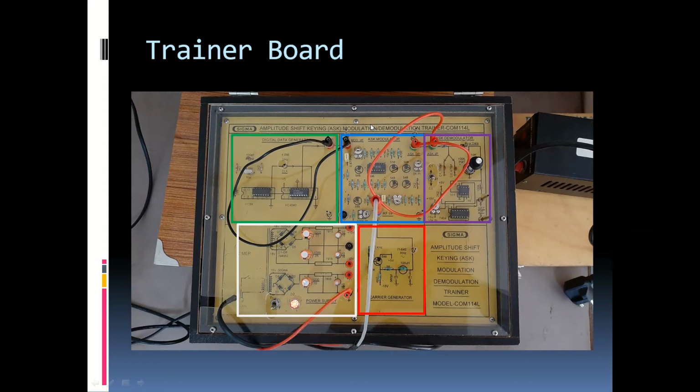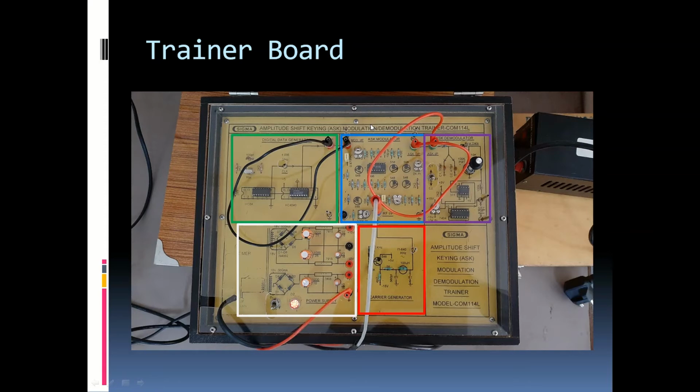The ASK modulated signal will have presence of carrier wherever the data is 1, and the absence of carrier wherever data is 0 in its output. The modulated ASK signal output is given to the ASK demodulator.